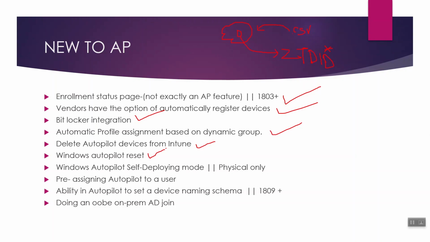Then the last resort is reimaging the device, right? So this is equivalent to that. Obviously we are not deploying a new image, but what we can do is something called the autopilot reset. What it is going to do is it is just going to reset the device, and it's going to provision the autopilot profile again to the device.